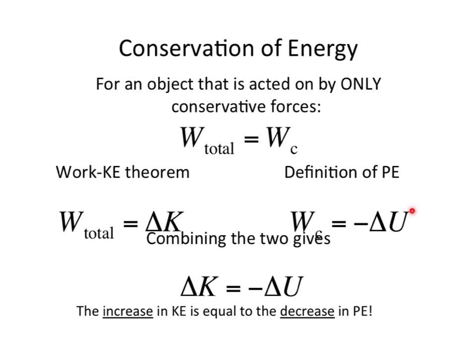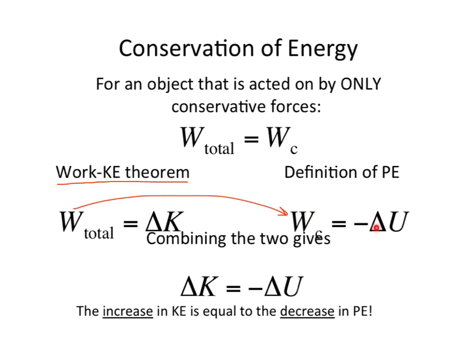We talked about how the work-kinetic energy theorem says that the total work that is done results in a change in kinetic energy. And if that work is conservative, like with gravity or with a spring, we're reminded that conservative work results in a negative change in potential energy.